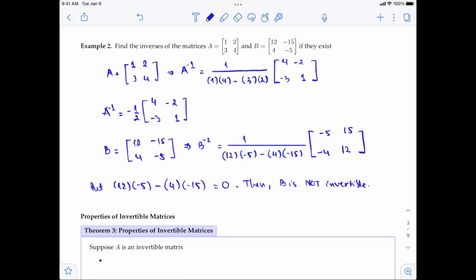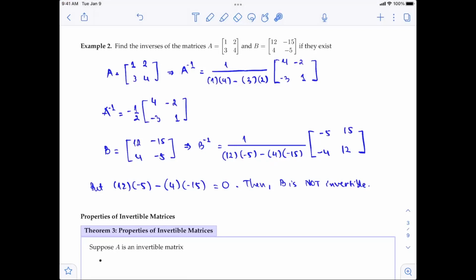And again, when the denominator AD minus BC is different from 0, then the inverse exists, or the matrix is invertible. If the denominator is equal to 0, then the matrix is not invertible.